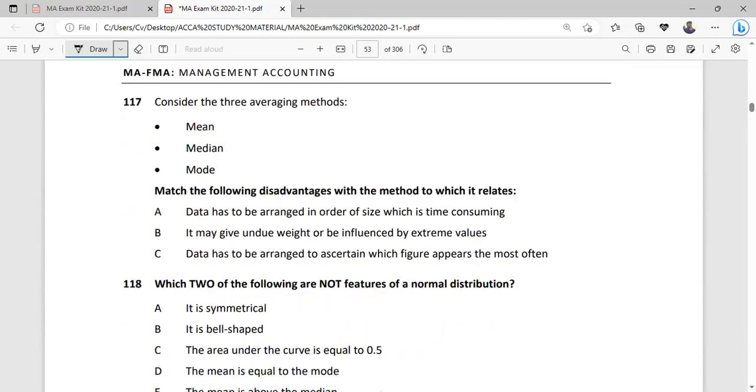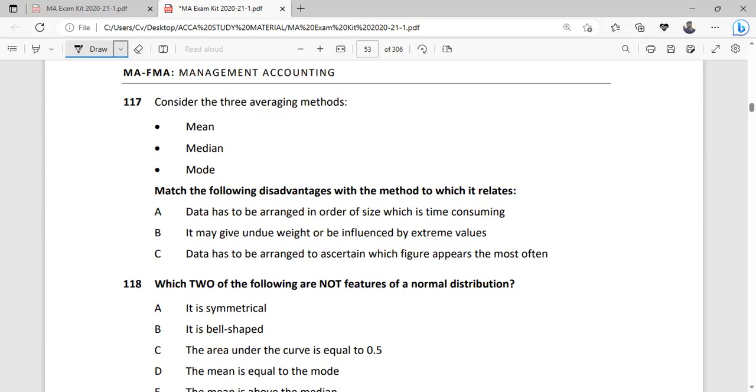Consider 3 averaging methods: mean, median and mode. Match the following disadvantages with the method to which it relates. Data has to be arranged in order of size, which is time consuming. We have to arrange the data because we want to know the middle value.